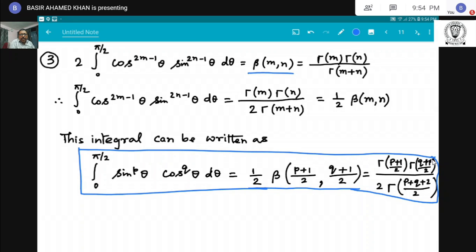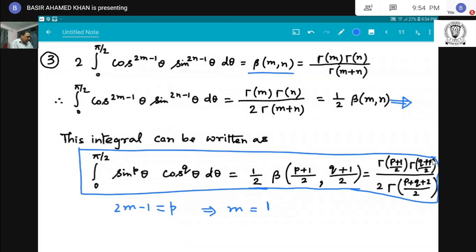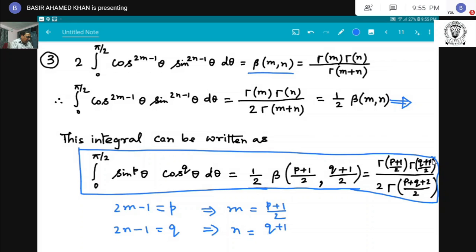These equations come from this equation, where I just put 2m minus 1 equal to p. That means m equal to p plus 1 by 2, and 2n minus 1 equal to q, then we get n equal to q plus 1 divided by 2.